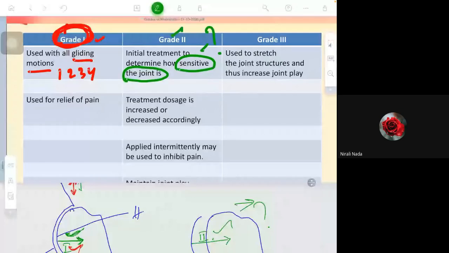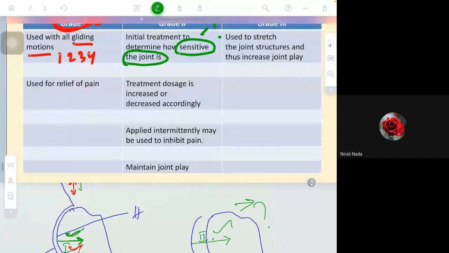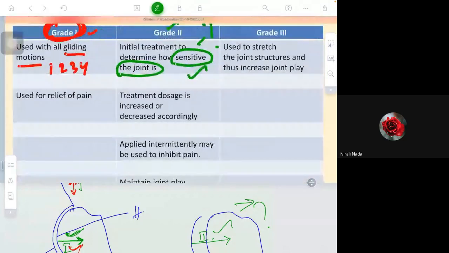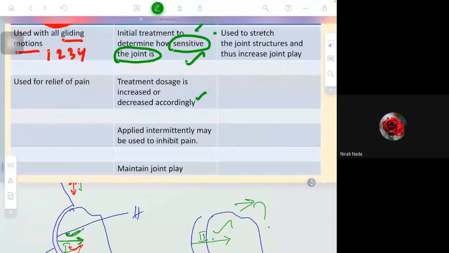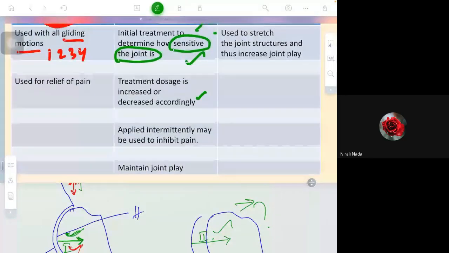And second, treatment dosage is increased or decreased accordingly. When you find the sensitivity of the joint, the grade is increased or decreased accordingly. All these are practical lectures, we will discuss in practical classes. You just study the uses for now.